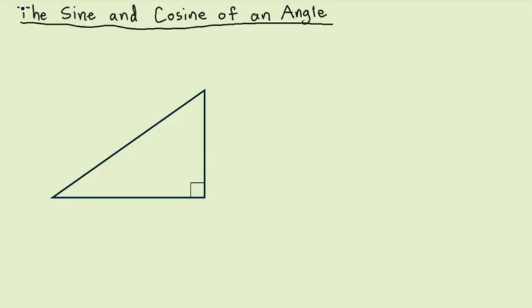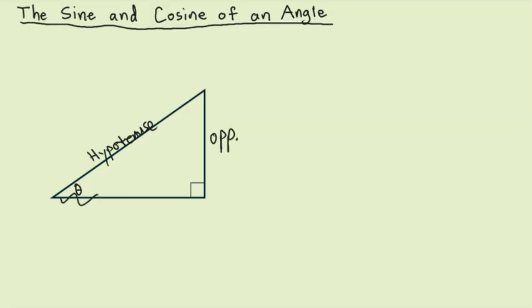Okay, let's define them. Let's call this acute angle theta, like we've been calling a lot of the angles. Since this is theta, this is the hypotenuse, which is always the hypotenuse. But based on this angle theta, this side over here is across from theta, and that makes this the opposite side.